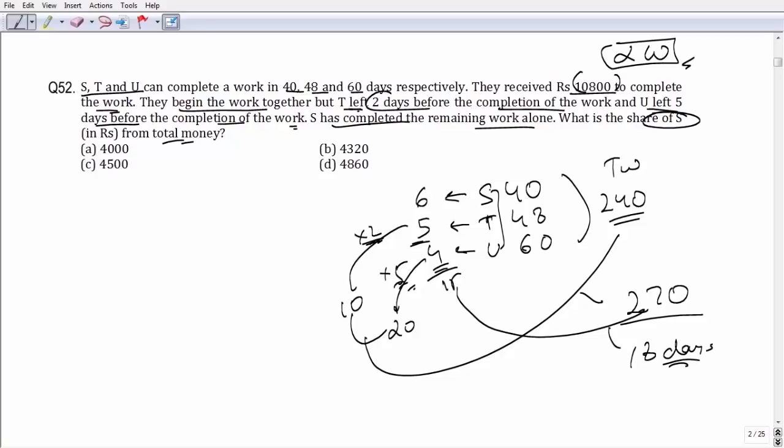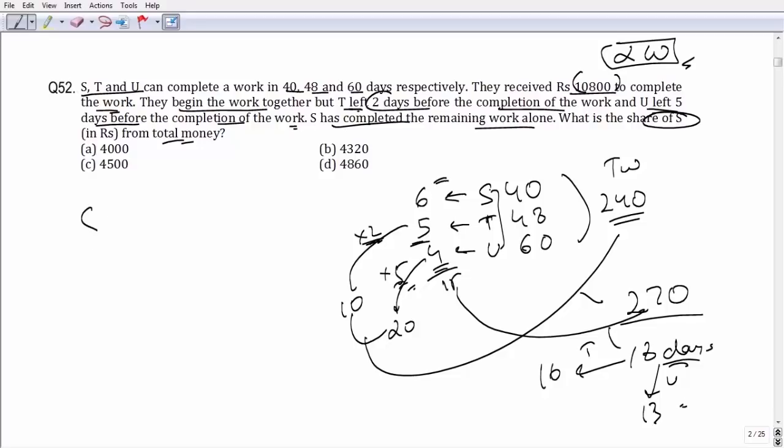But if we talk about the actual number of days taken by T, we know that it is 16 days, and for U it will be 13 days only. And with that view, we know that the amount of work done is always the product of the efficiency and the time.